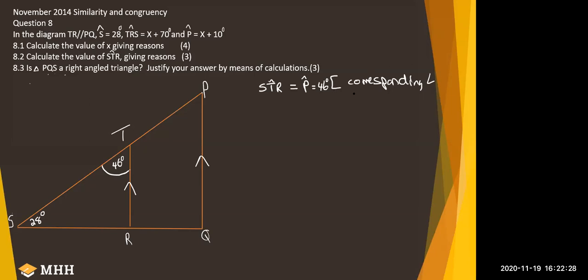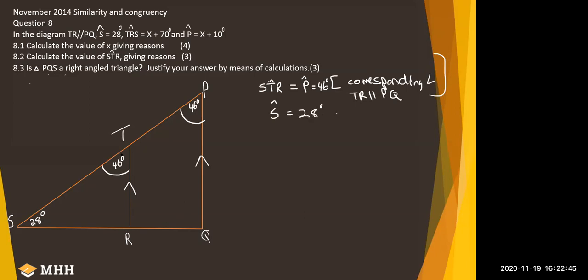Corresponding angles, TR is parallel to PQ, right. So I already have my angle P now. This one is 46 degrees. Angle S is 28 degrees.